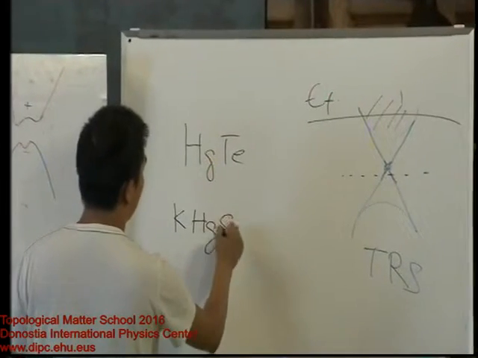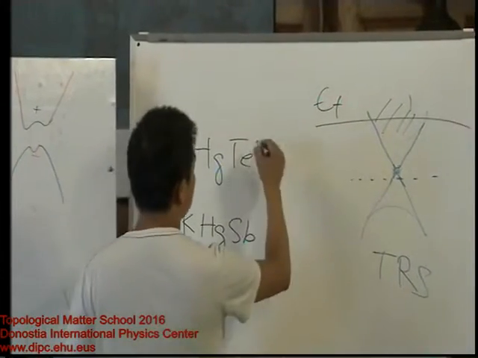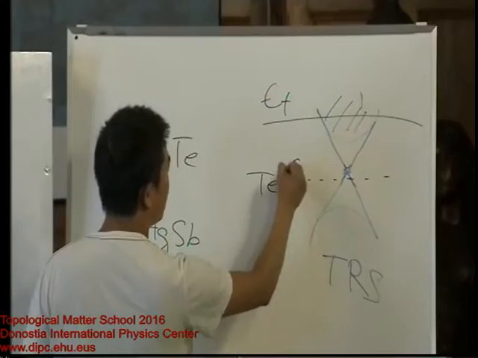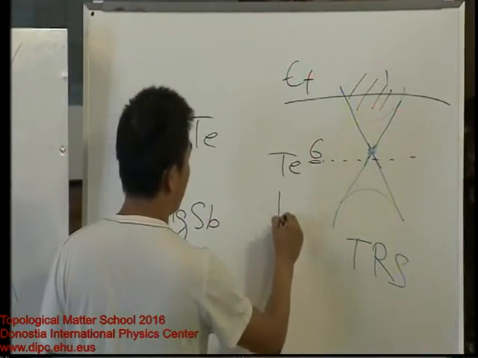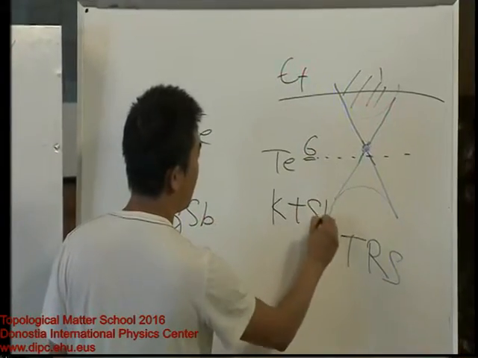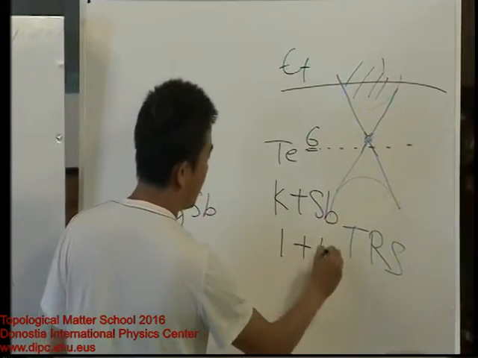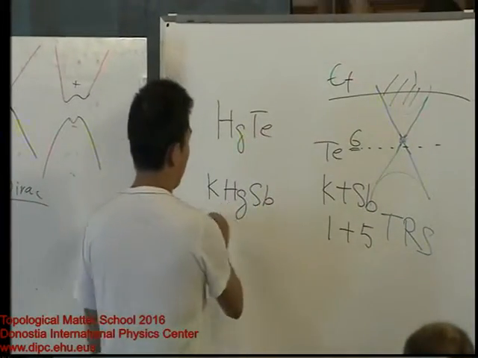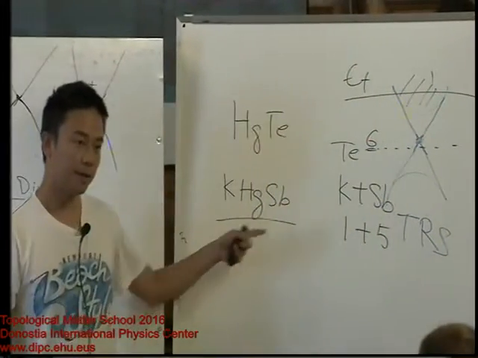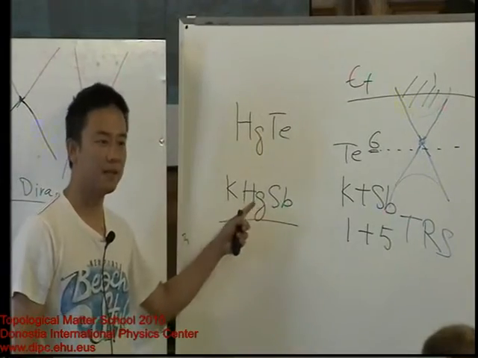I write the formula in this way because selenium has 6 valence electrons, mercury has 2, and antimony has 5 valence electrons. And I get a new formula, just to keep the charge balance.